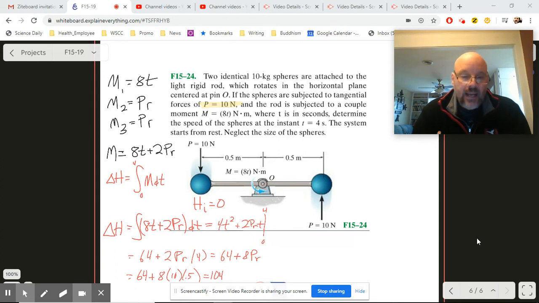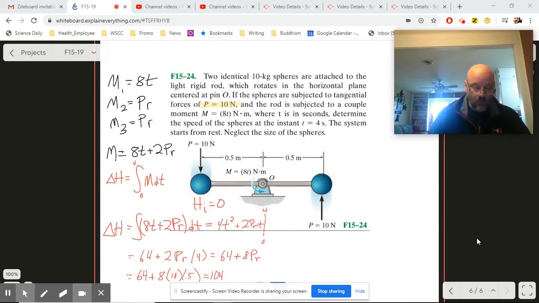Now, the only thing that has the potential to get wonky on this is once you go to that next step. Because in that next step, what we're going to want to say is that HF is HI plus our delta H. And our HI is 0 on this thing.